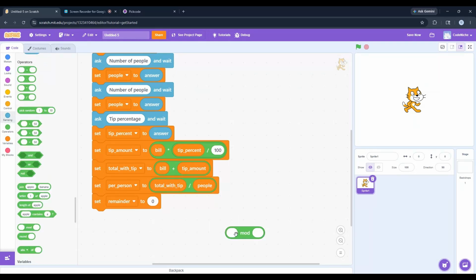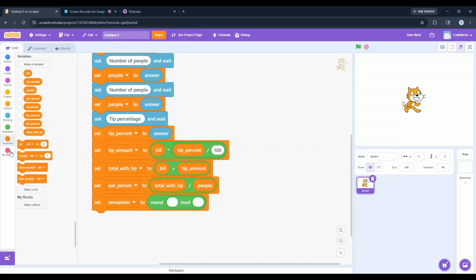Division gives you the portion, and this one will give you the remainder, and that's what we want. If the total gets divided among the people and you receive 0 as the remainder, the bill had been split evenly. I also don't want the output to be in decimal format, so for that we have a round block, which helps you round the value, right?